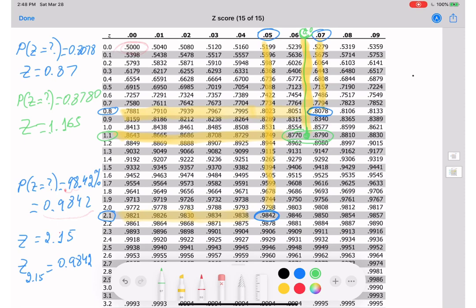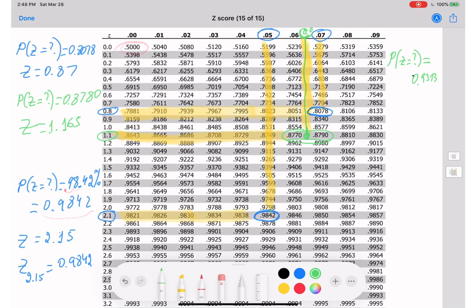Okay, let me give you another example. Let's assume we need to find the z-score for probability 0.9313.